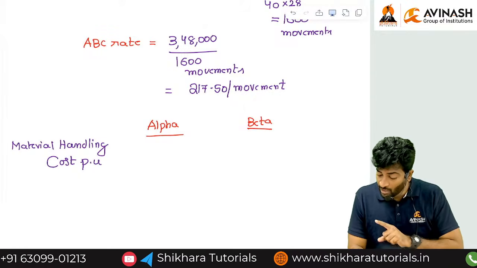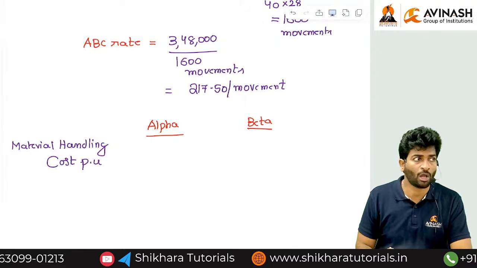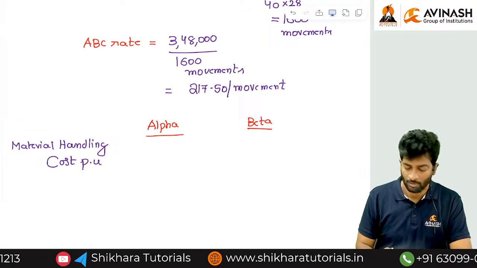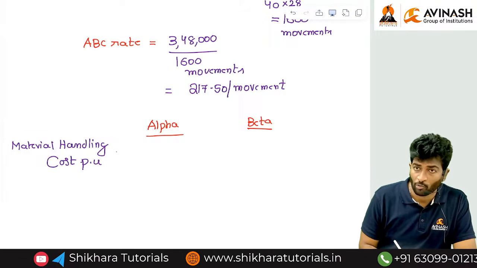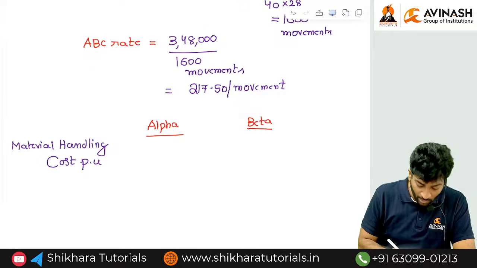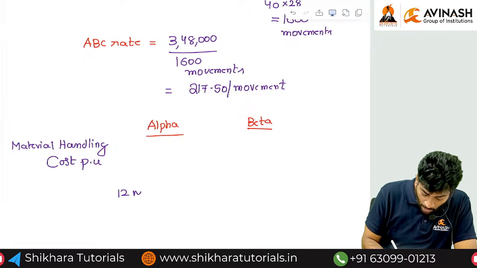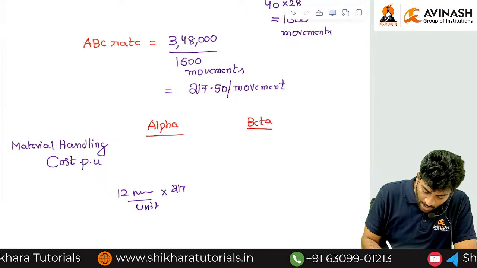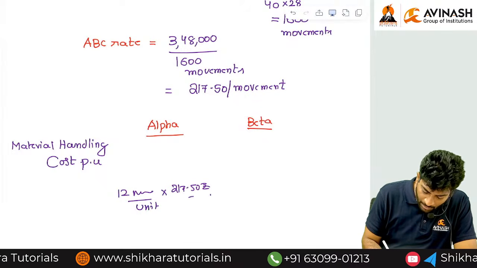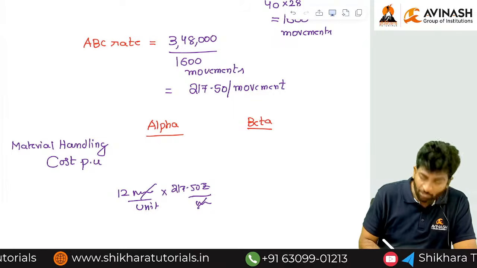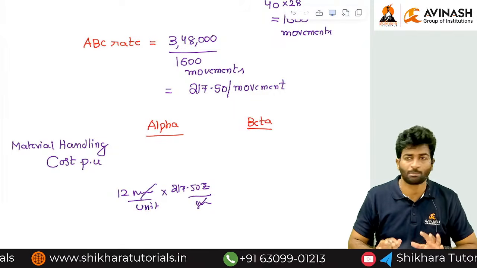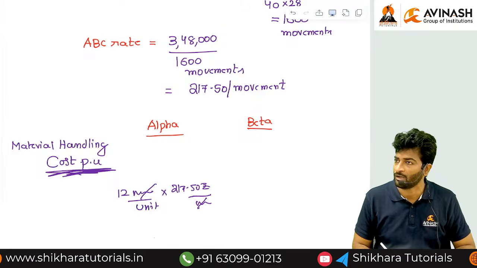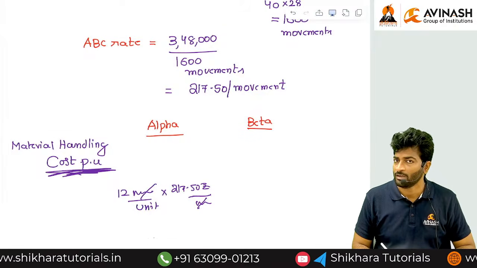For 1 unit, how many movements do we have? 12. Please see, 12 movements per unit, and just now you got 217.50 rupees per movement. Movement will get cancelled, and you will be left with rupees per unit. That is what you need, cost per unit. You should have clarity on what you are doing. Is it clear?